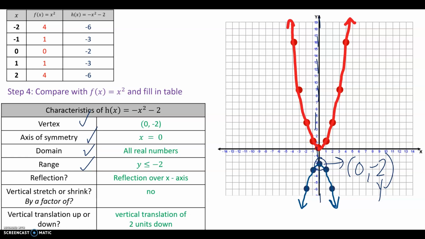That is why it is flipped in the opposite direction. And was there a vertical stretch or shrink? No, because it's the same size technically. It did not become narrower or wider. And was there a vertical translation up or down? As you can see from the vertex, it went down 2 units, and there you go.